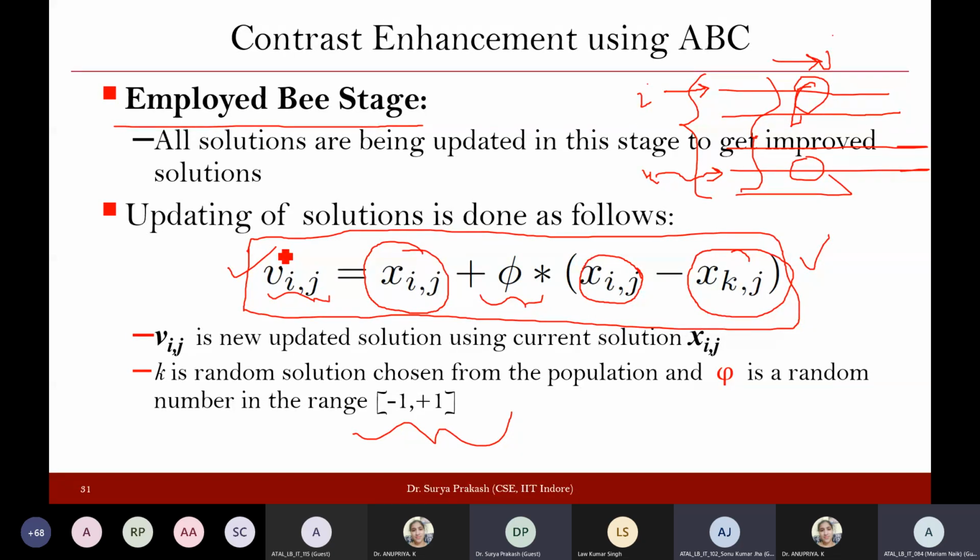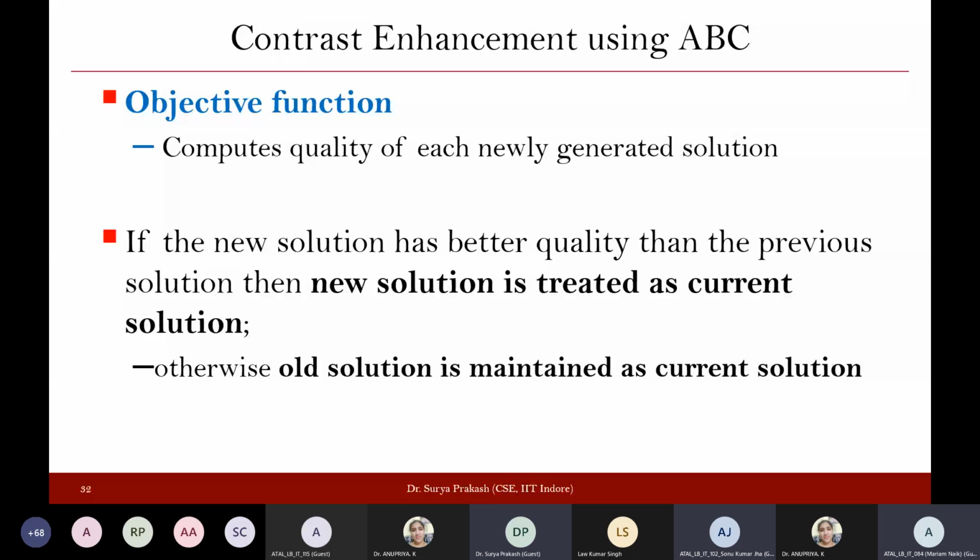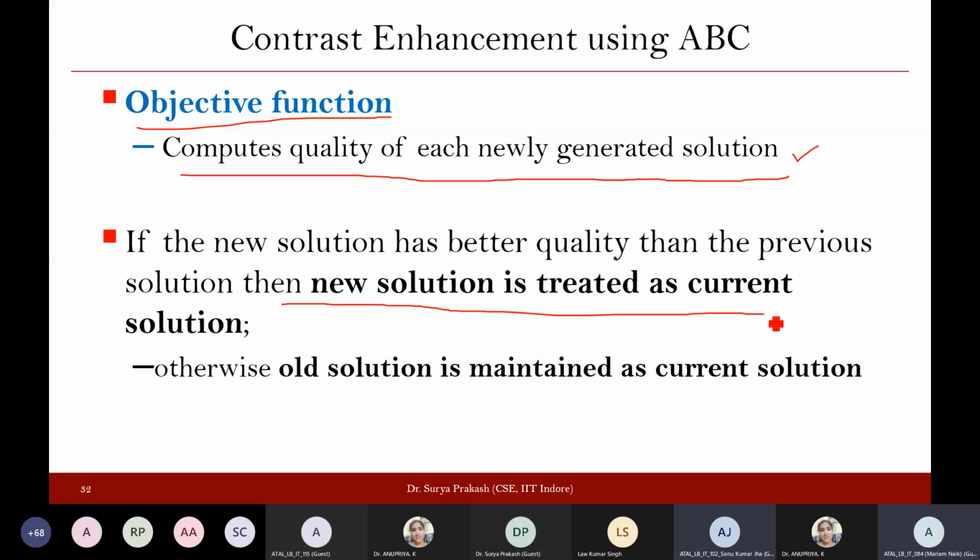If it is improving, then we consider it. To find out whether a solution is good or bad, again we use the objective function that we defined earlier. We compute the quality of each newly generated solution, and if it improves the quality of the image, then we say it is a good solution, and that new solution will be maintained as the current solution.